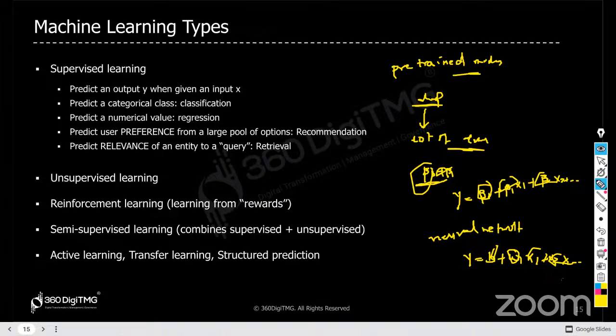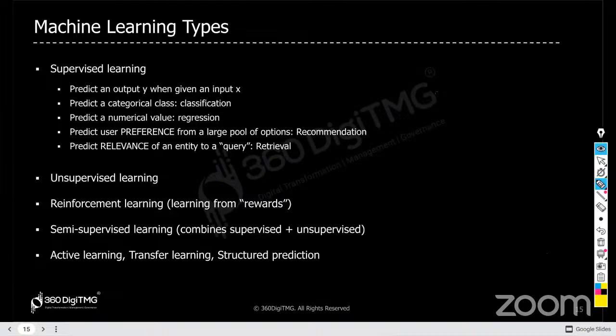Say there is an algorithm which is built on cats and dogs. So there is an image, machine learning or deep learning algorithm built on that. And whenever you supply a new image, that new image will be classified either as a cat or a dog.